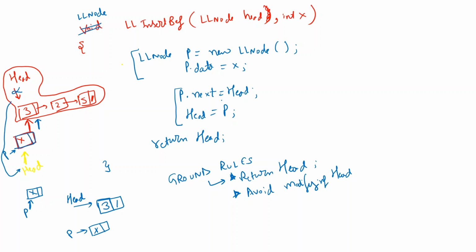When I do p dot next is equal to head, this next will now have the address of this particular node. Or in other words, there will be a link created like this. When I do head is equal to p, this link will get broken from here and come over here, right? And then you return head.